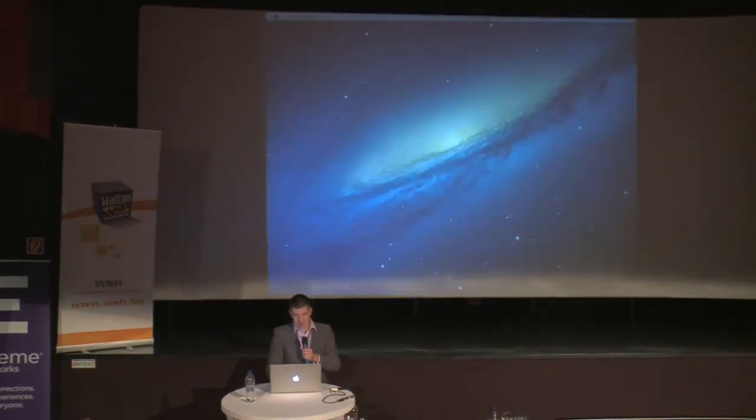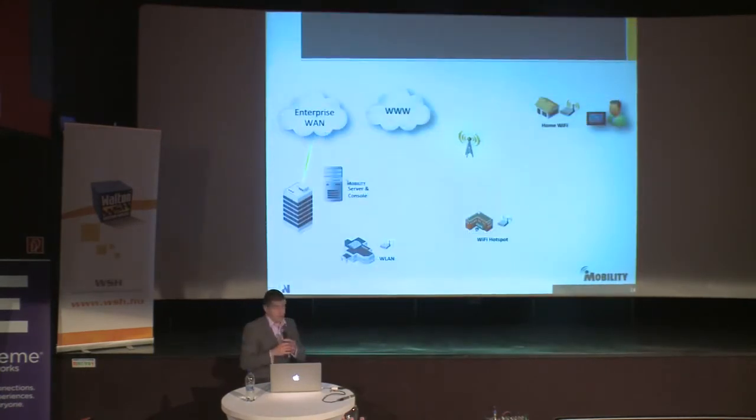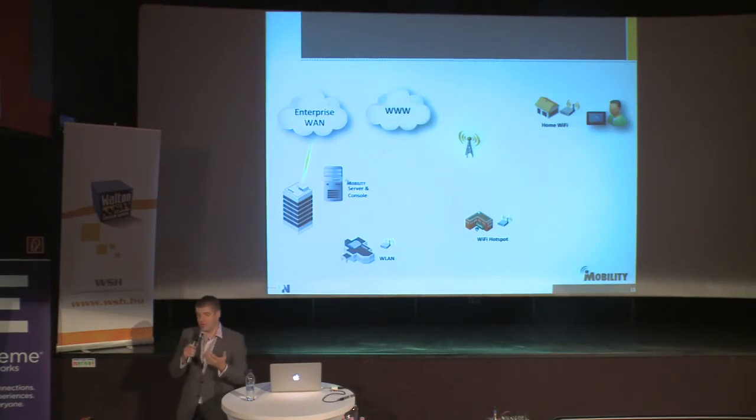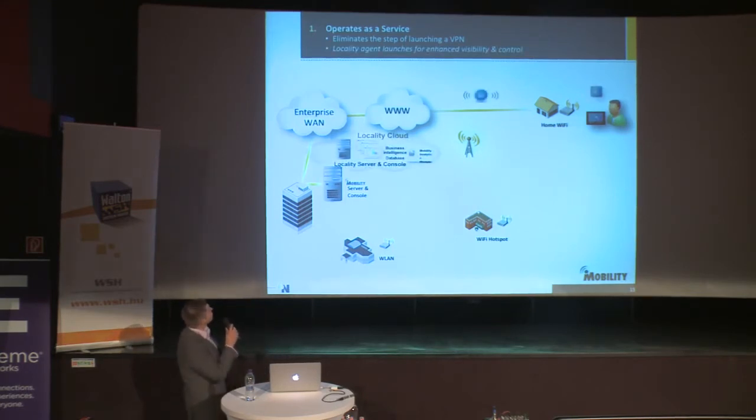Just to illustrate the situation, the way it works, a very simple example. Let's say you are a mobile worker. You have a tablet or a computer, and you got yourself connected at home. You don't really need to launch a VPN. It's always on, and you're always securely connected to your infrastructure.